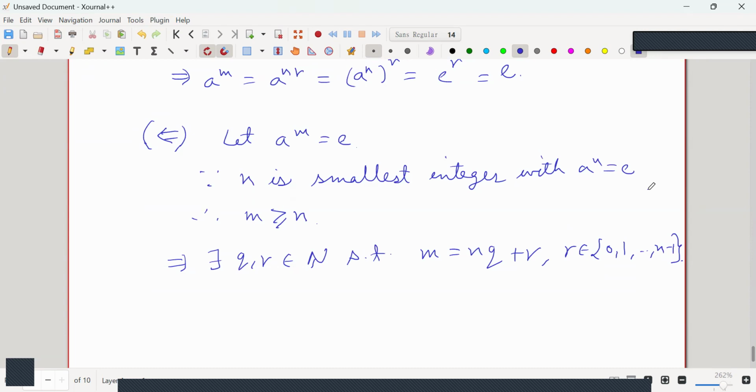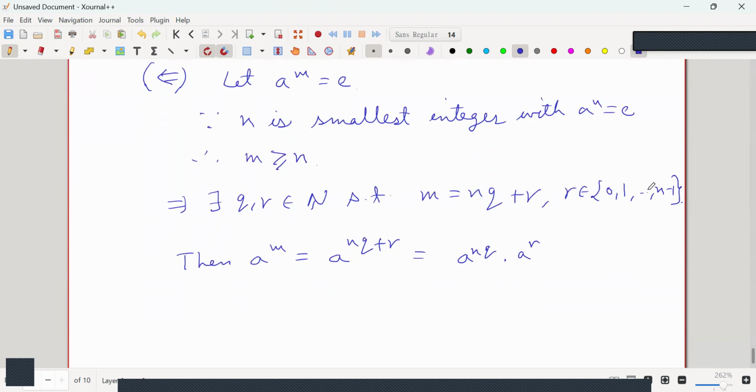So now you simply put this value of m in this equation. So a^m is simply a raised to nq plus r, which is a^(nq) times a^r. This is addition in power, so we can just separate. And what is this? This is (a^n)^q times a^r, right?